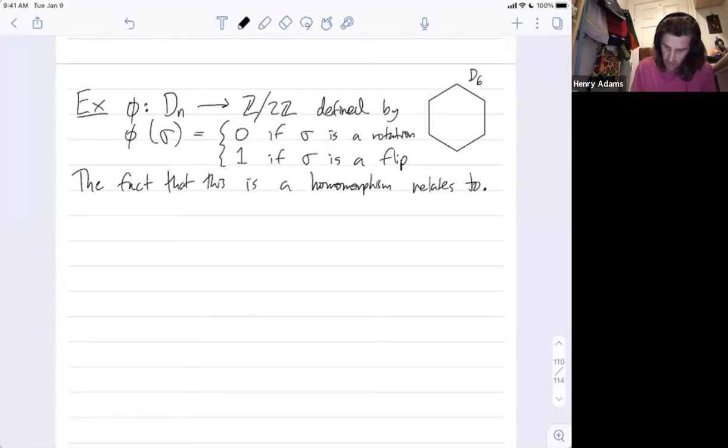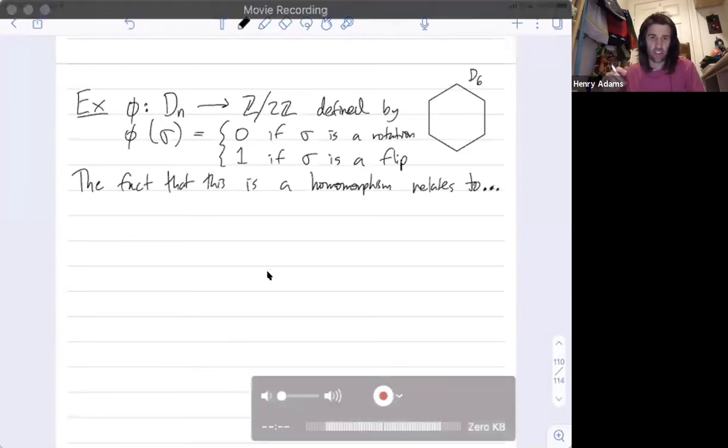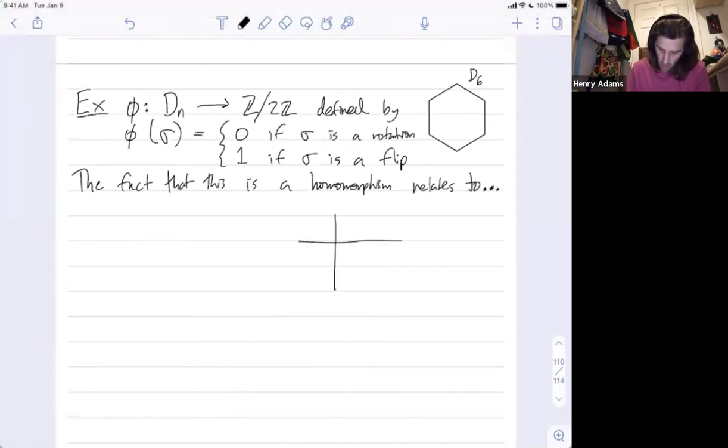relates to, inside this group Dn of the symmetries of an n-gon, this pattern. Whenever you take 2 rotations, no matter what they are, if you combine them, you get a rotation. And if you combine a rotation with a flip, you necessarily get a flip.